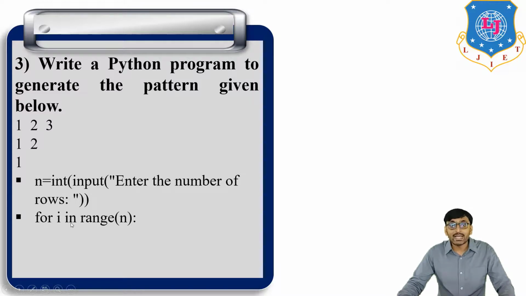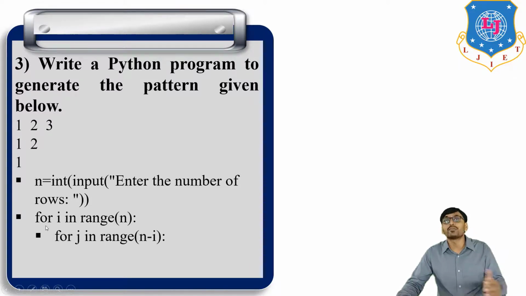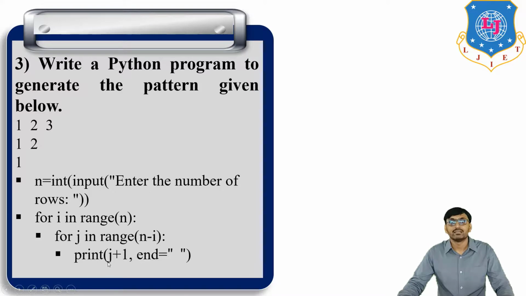Then for i in range of n, and inside this there is another for loop, for j in range of n minus i. Then print j plus 1 and end equal to space. Then print parenthesis.